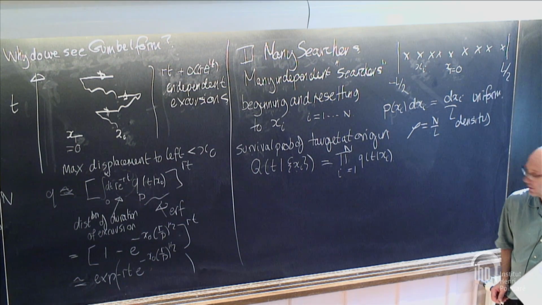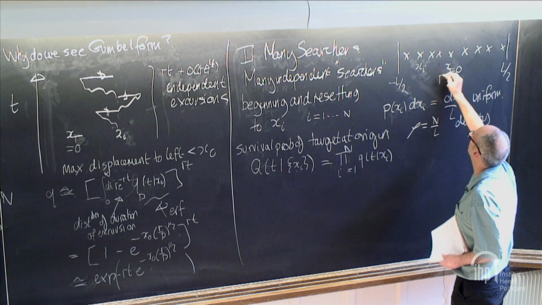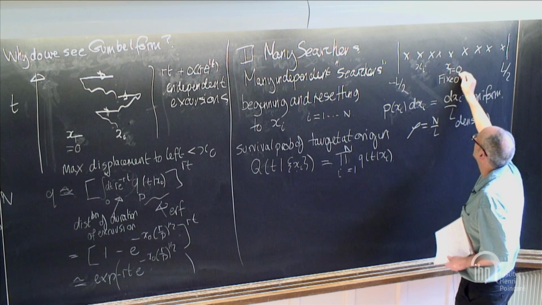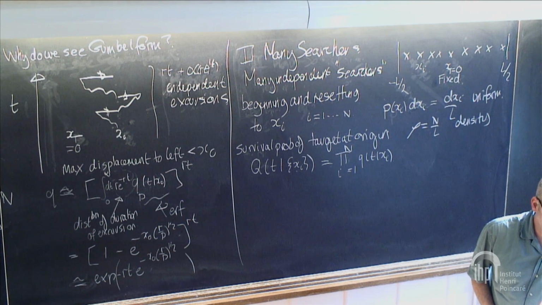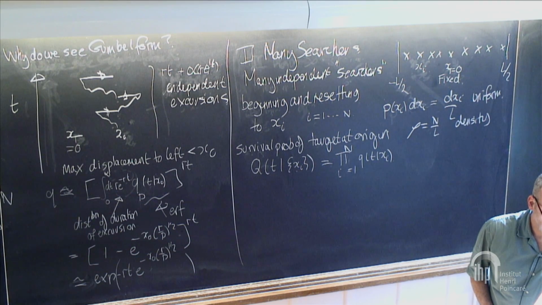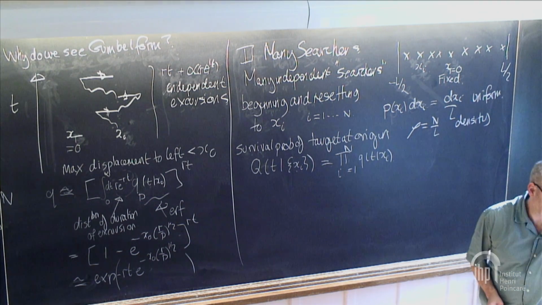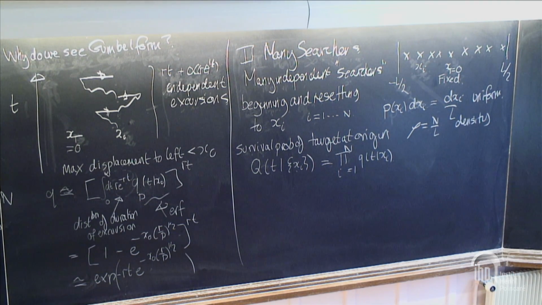No, the target is not moving. The target is fixed. A moving target turns out to be a more difficult problem. I'm not going to address that here. It's a relevant but simply more difficult problem. What I will consider, hopefully next lecture, is when we don't know where the target is.